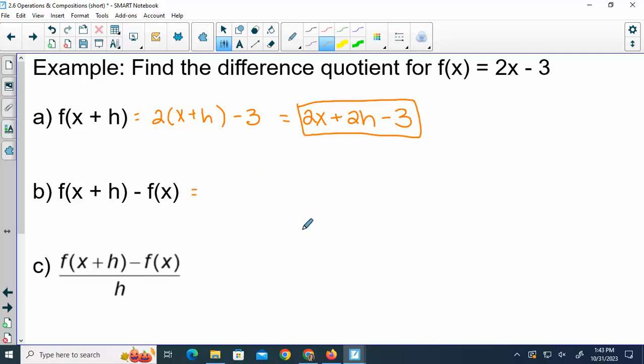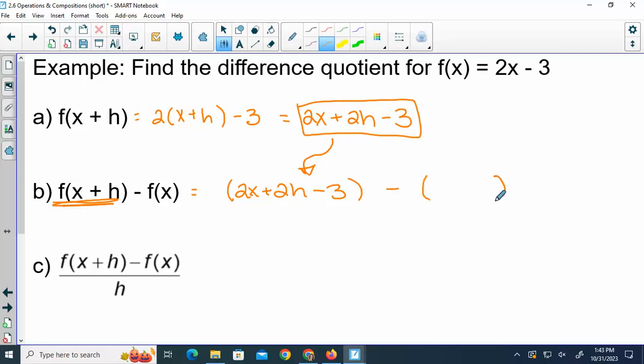Part B. F of x plus h minus f of x. We just found f of x plus h. That was our answer to the previous problem. So f of x plus h is the 2x plus 2h minus 3. I'm just carrying that answer down.